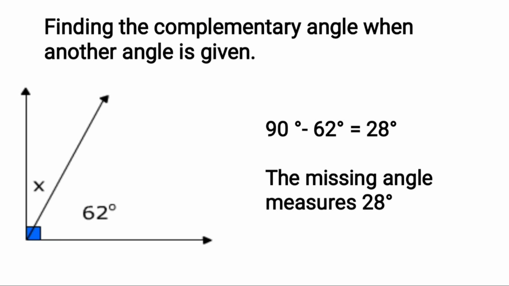We will subtract 62 degrees from 90 degrees, because the sum of the two angles is 90 degrees, and if we subtract one angle from 90 degrees, we get the other angle. Hence the missing angle will be equal to 28 degrees. I hope, children, you have understood how to find the complementary angle by this method.